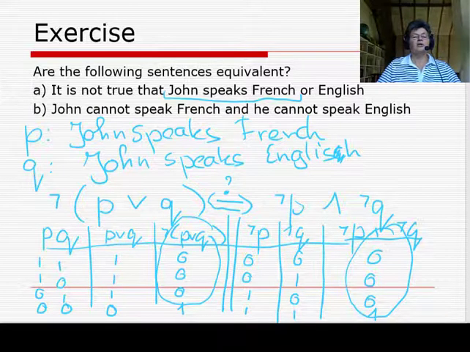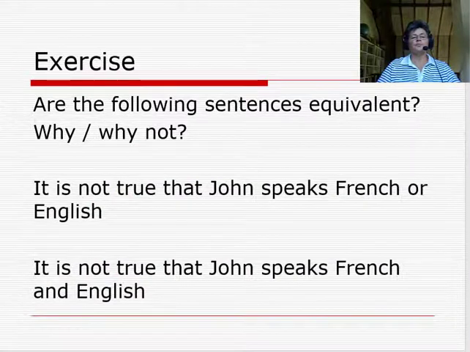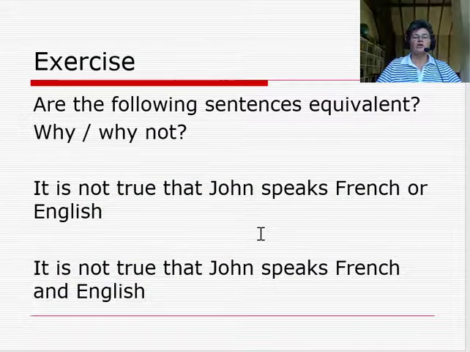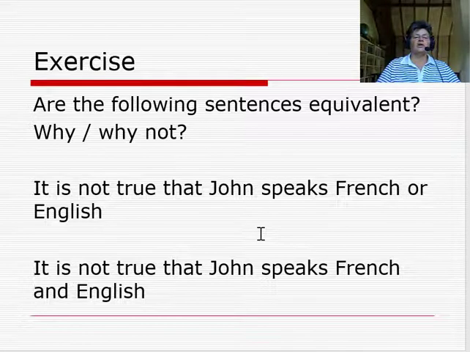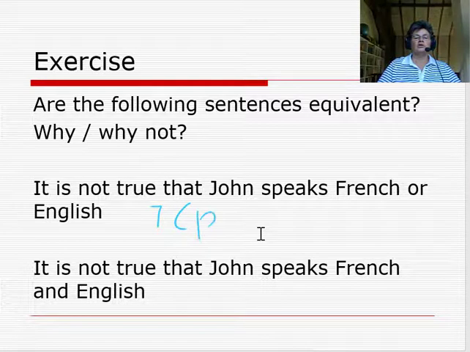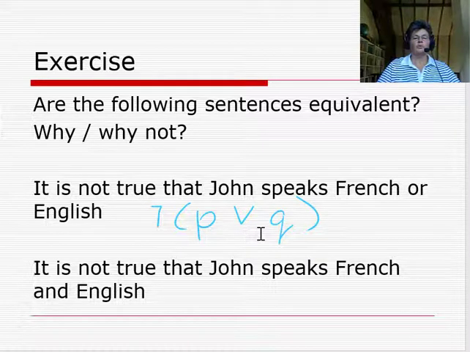Okay, let's have a look at another example. So, it is not true that John speaks French or English, and it's not true that John speaks French and English. Okay, we had John speaks French with a P. So it's not true that John speaks French, P, or John speaks English, not (P or Q).